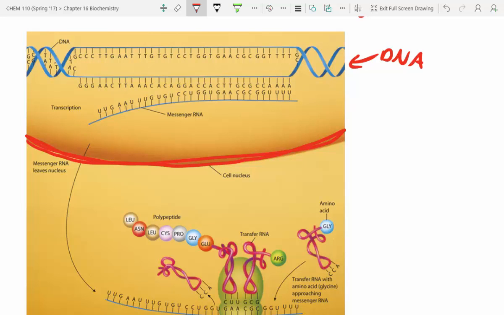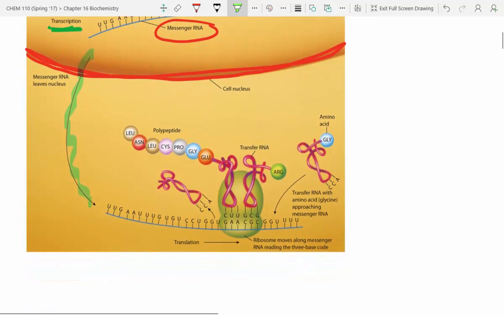And this DNA at this step is getting transcribed into this messenger RNA. And the messenger RNA is kind of neat. It will get fed out of the nucleus and float out. And then once it floats out, you've got this really special type of RNA that's basically floating around looking for messenger RNA. Does anybody remember that special type of RNA?